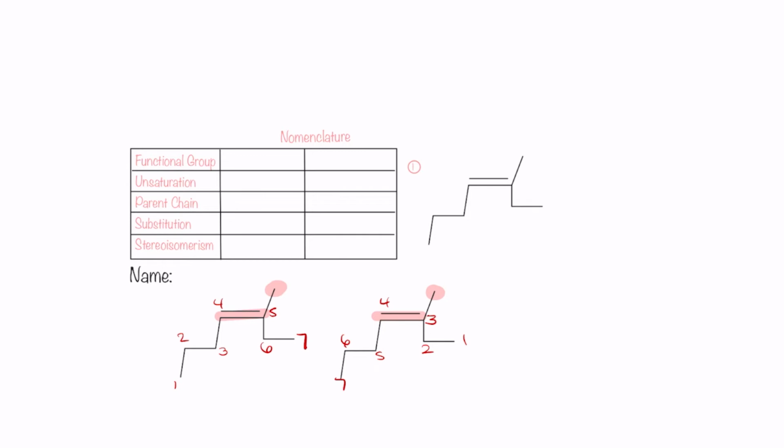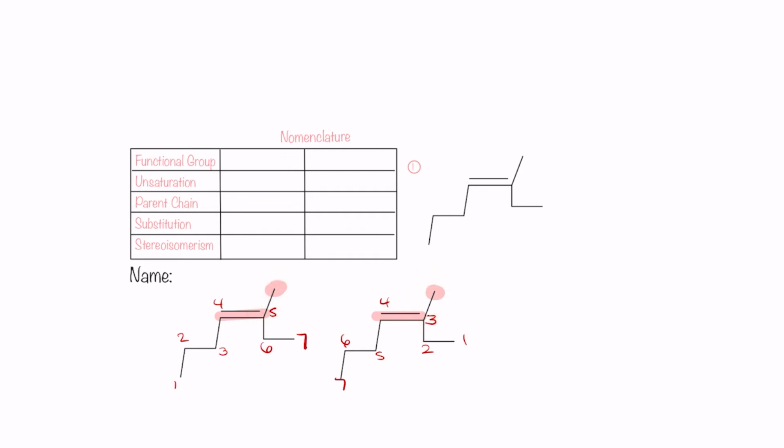And we ask ourselves, well, which location has the lowest numbers? And so here we see that this double bond is occurring at 4 and 5, whereas this double bond is occurring at 3 and 4. So who's going to have the lower number? And so 4 and 3 is actually the lower number because 3 is less than 5. And so if we're looking at our substituent, we see that this substituent is coming off of carbon number 5, and this substituent is coming off of carbon number 3.